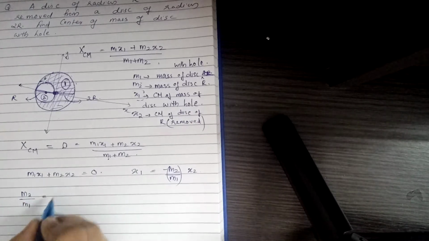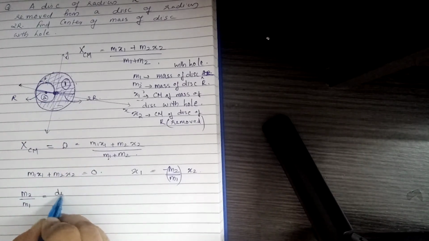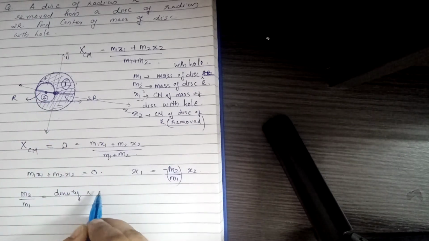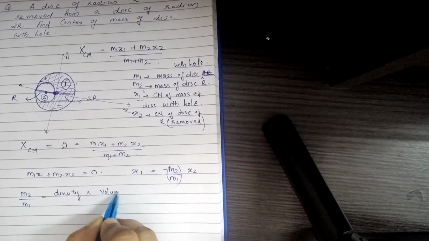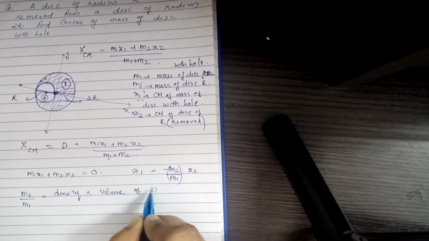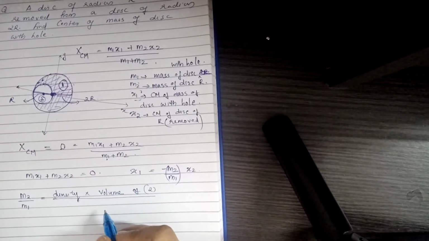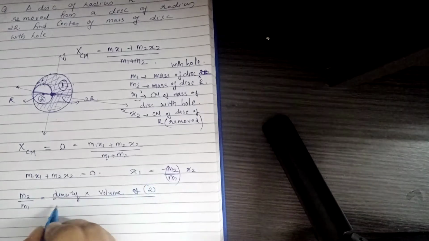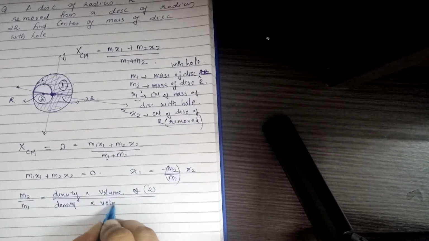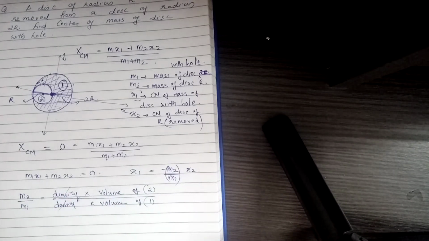The mass m2 of the second portion will be equal to density into volume of the second portion, divided by density into volume of the first portion. And we know the density remains the same, so I can cancel it.